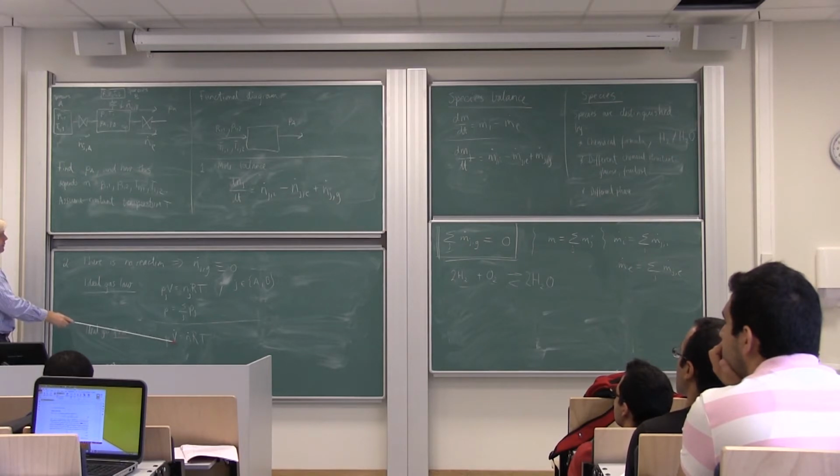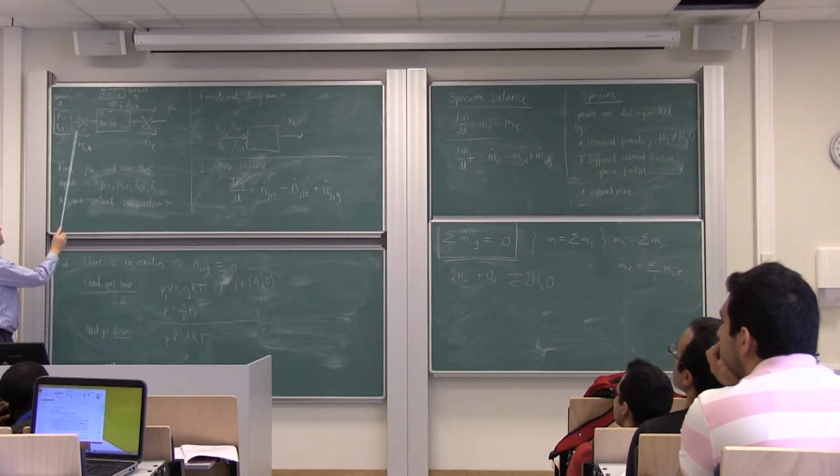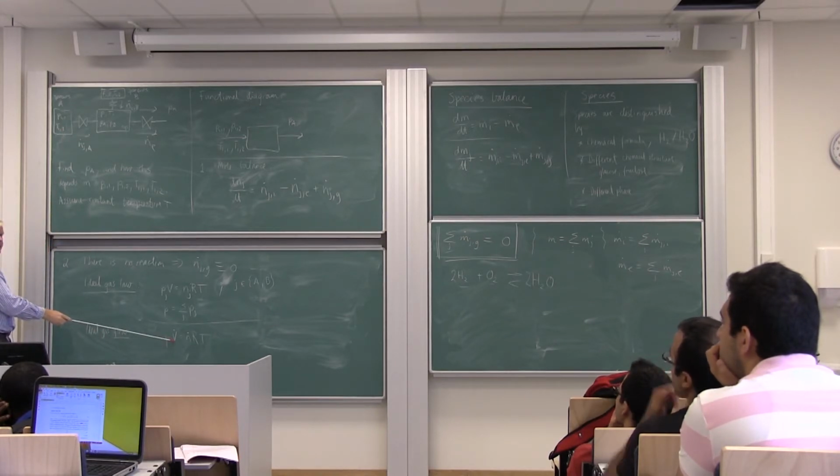And then we have the volumetric flow rate through here. We don't know that one. Molar flow rate, that's what we want to find. R is okay, and we have the temperature here. So in addition, we need some expression for the volumetric flow rate.